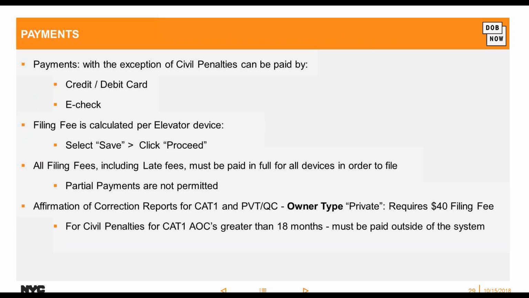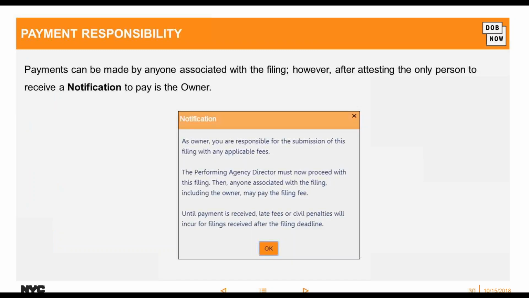Payments, with the exception of civil penalties, can be paid by credit card, debit card, or e-check. Filing fee is calculated per elevator device. Select Save, click Proceed. All filing fees, including late fees, must be paid in full for all devices in order to file. Partial payments are not accepted. Payment responsibility: payment can be made by anyone associated with the filing.